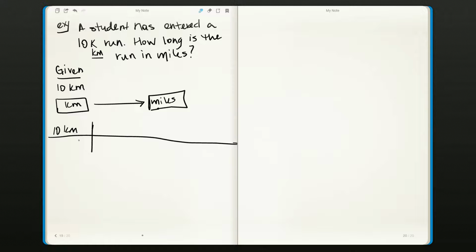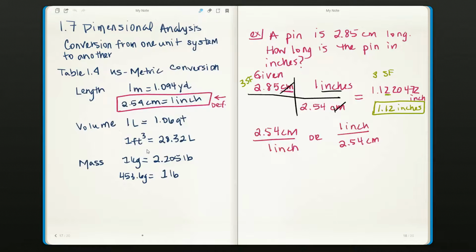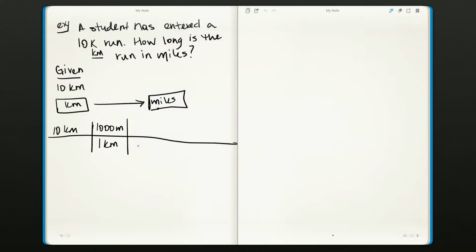Okay, 10 kilometers. So for every 1 kilometer, there is 1,000 meters. Okay, so kilometers in the numerator, kilometers in the denominator, check. So those will cancel. We have that conversion factor on this other page, meters to yards, so we're going to use that next. Okay, so 1 meter on the bottom, meters in the numerator, meters in the denominator, check, that's what we need. 1.094 yards.